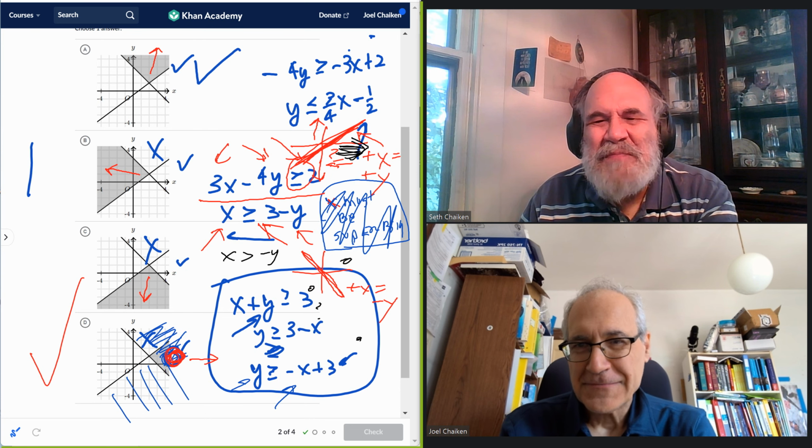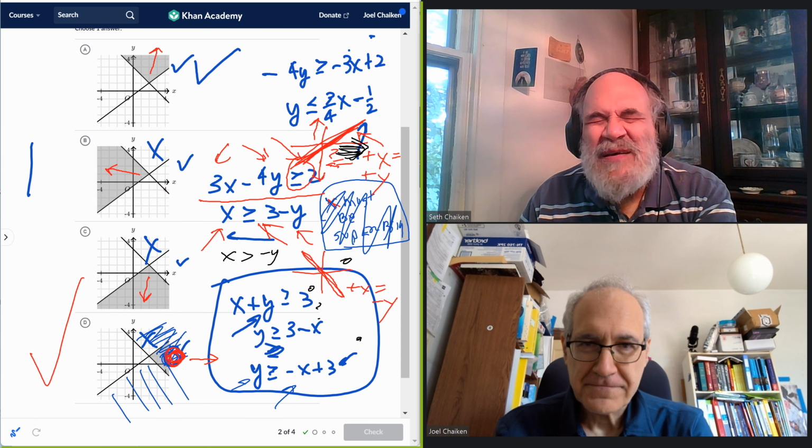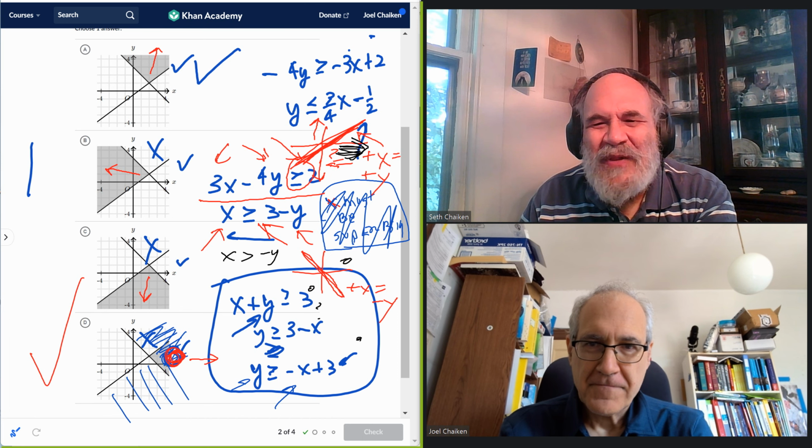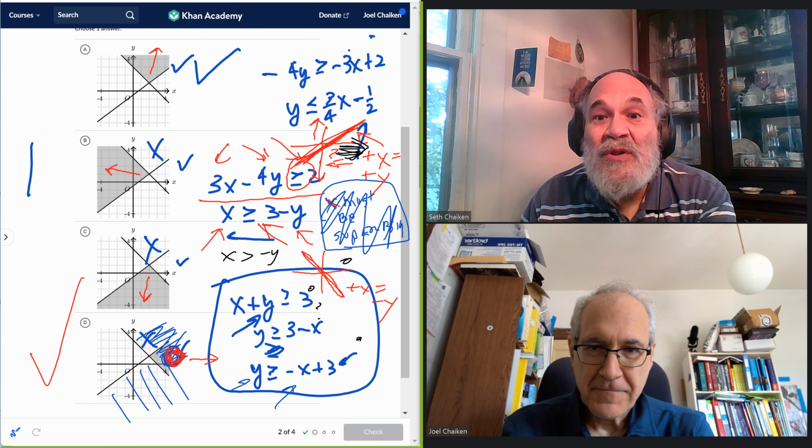If x gets big, big, big, big, big, and y is constant, we're okay, right? Like here, this is satisfied if x is a billion and y is 0. And x could be bigger and bigger and bigger. If x gets smaller, smaller, smaller, it will eventually become less than whatever minus y was, so we're no good.